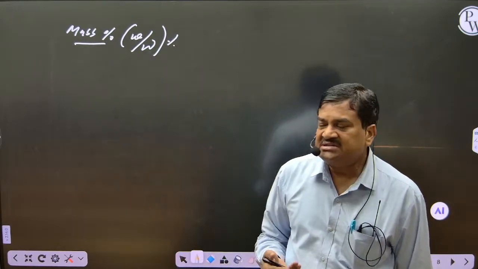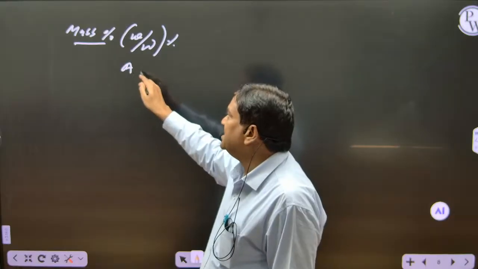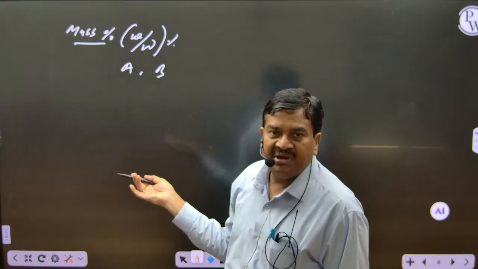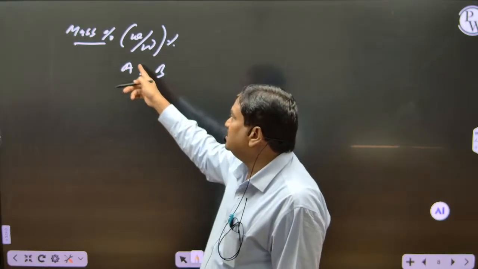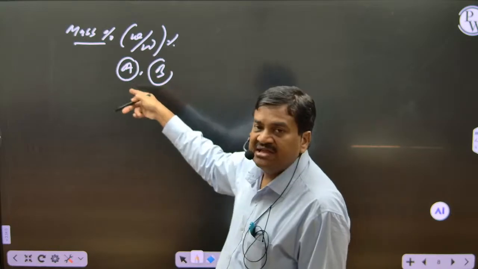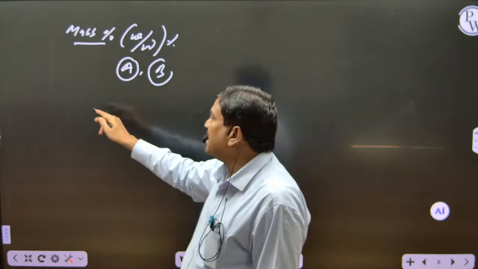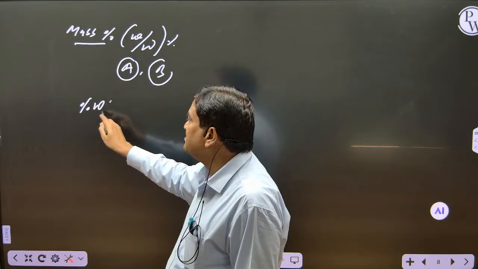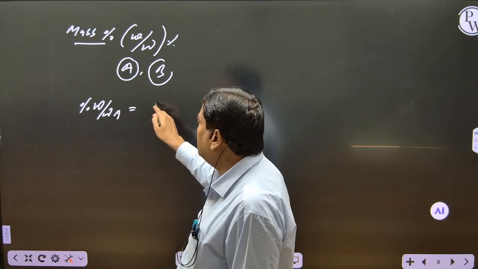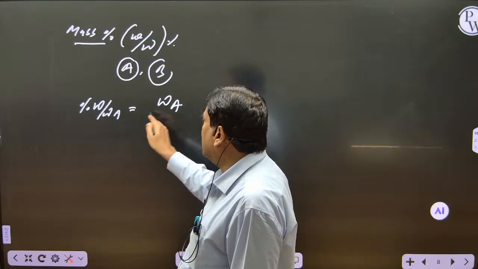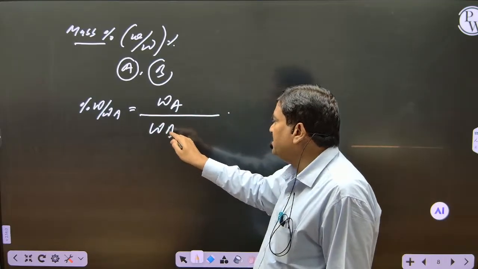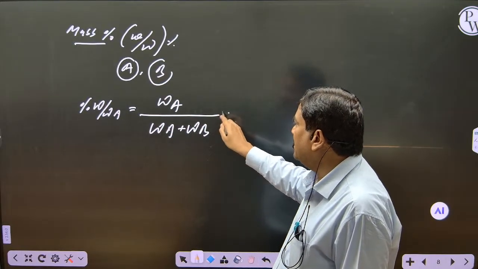Observe here, it is simple. Suppose two components, A and B, are in a solution. I want the mass percentage of A. To get it, we take mass of A upon mass of A plus mass of B, into 100.